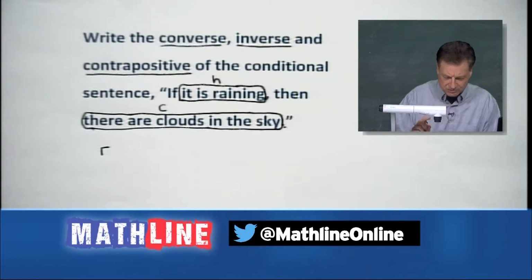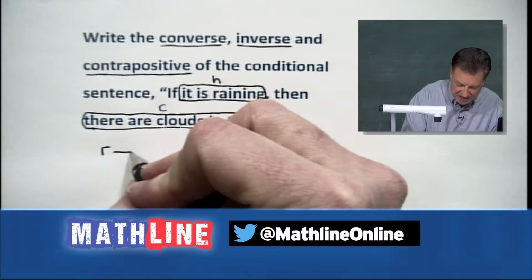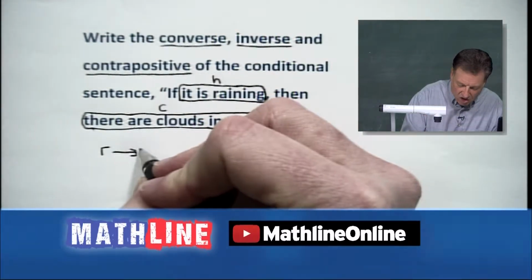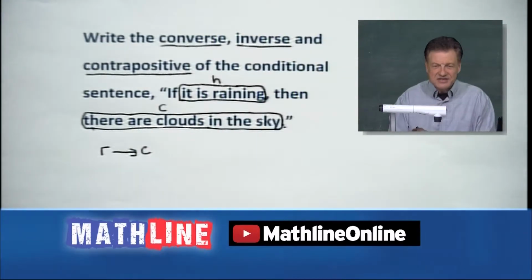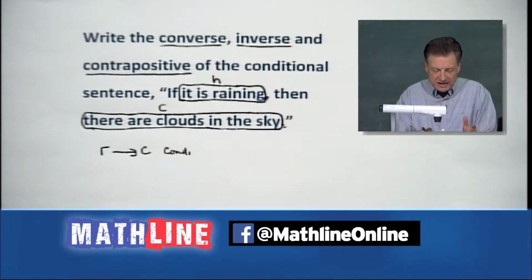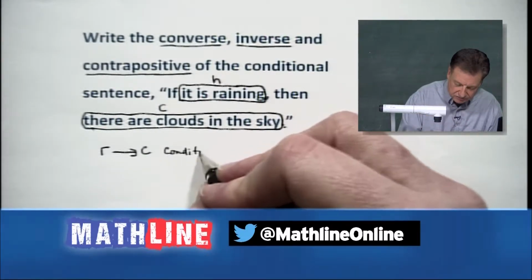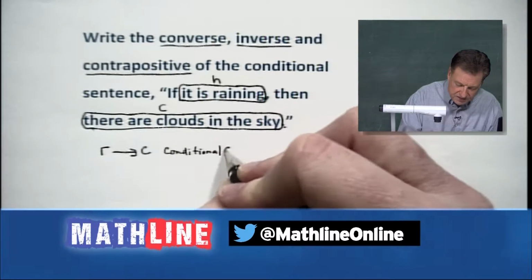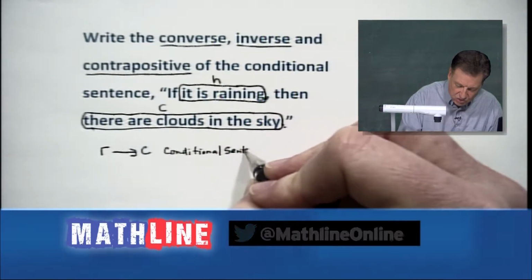You say, what is implication mode? Well, it's a nice fancy way of saying that R implies C. This is, folks, our conditional sentence. In other words, if rain, then clouds. How about that? So this is the conditional, and we usually say sentence with it, or a CS for short.